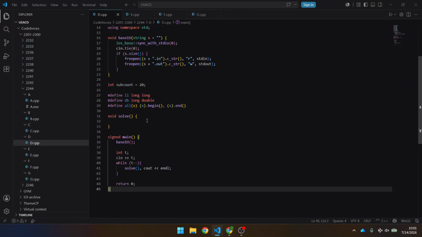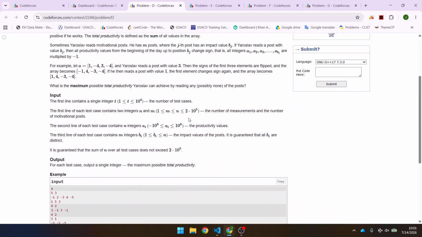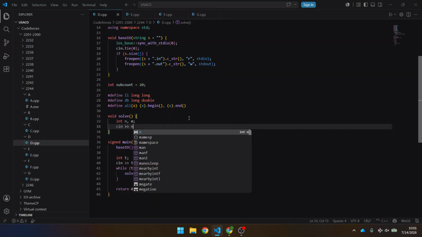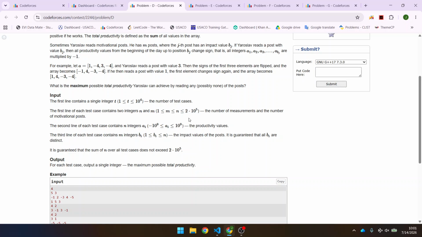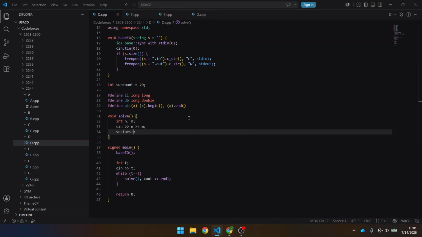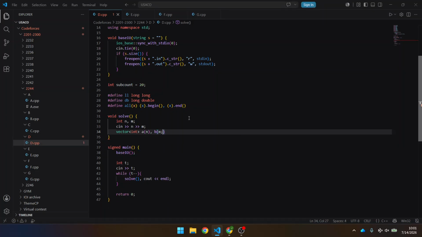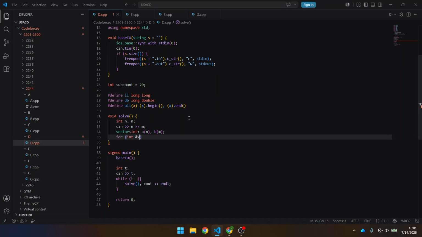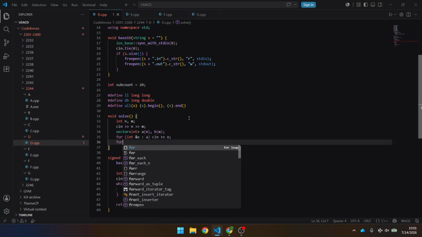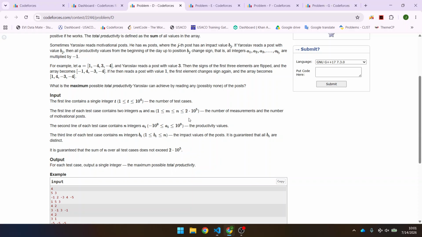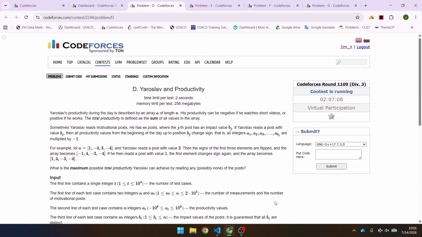Alright. So next problem. You have n and m. Vector int a[i], and b[m]. What do we have, right?